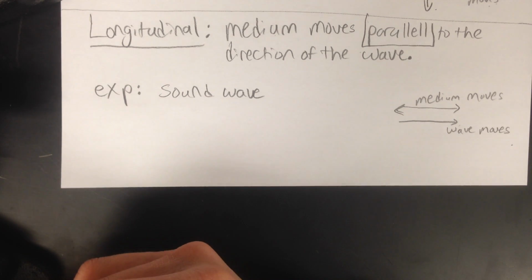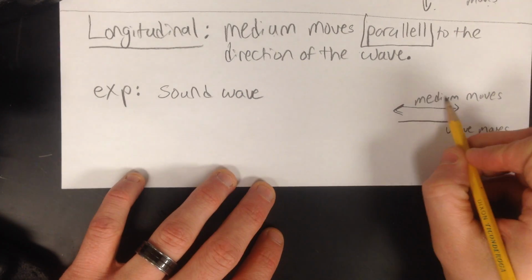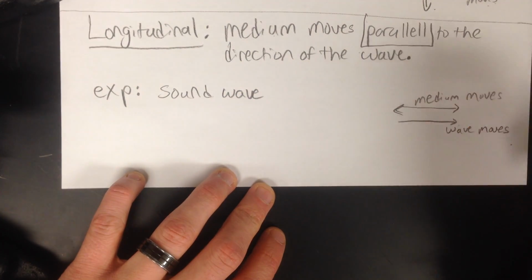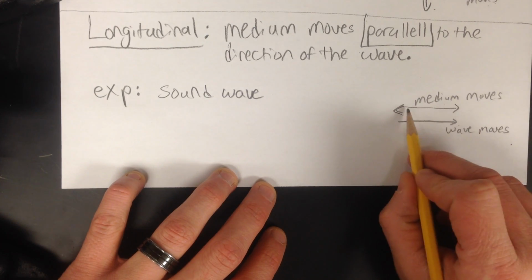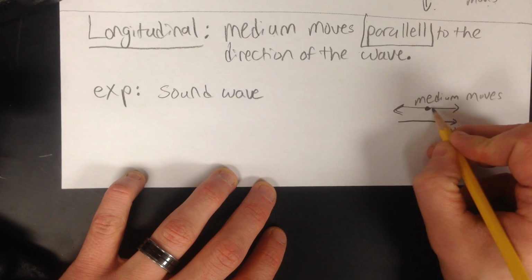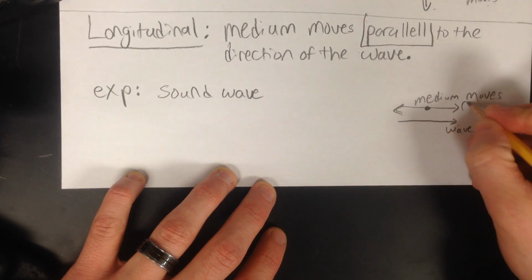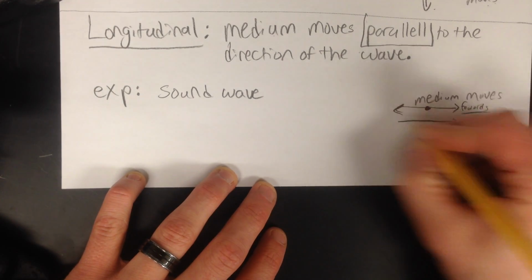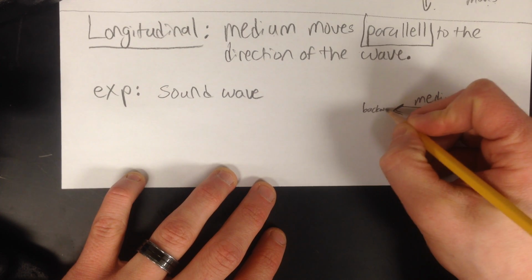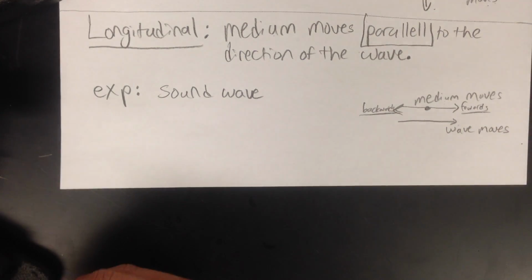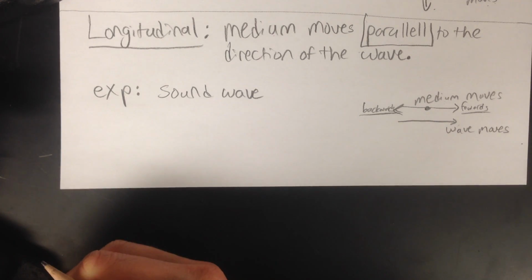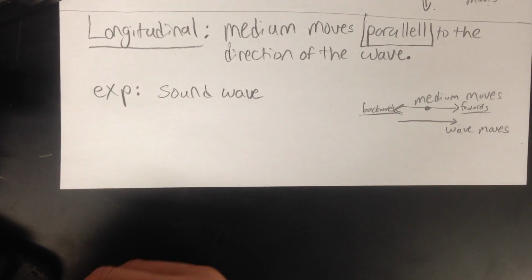In sound, the medium is the air molecules, if the sound is going through air. Each molecule will move forwards and backwards, instead of up and down like a water molecule in a transverse wave.